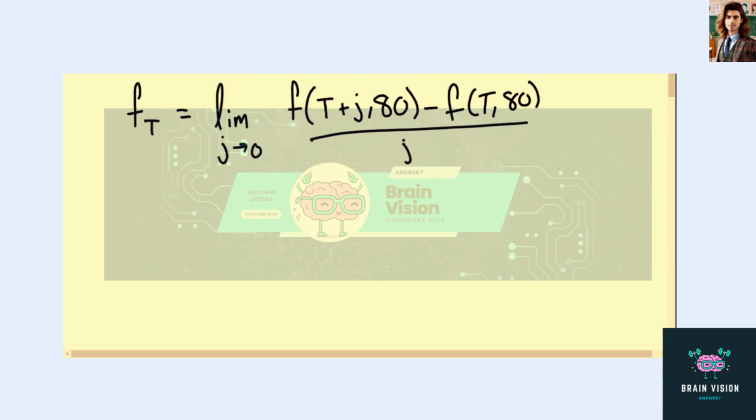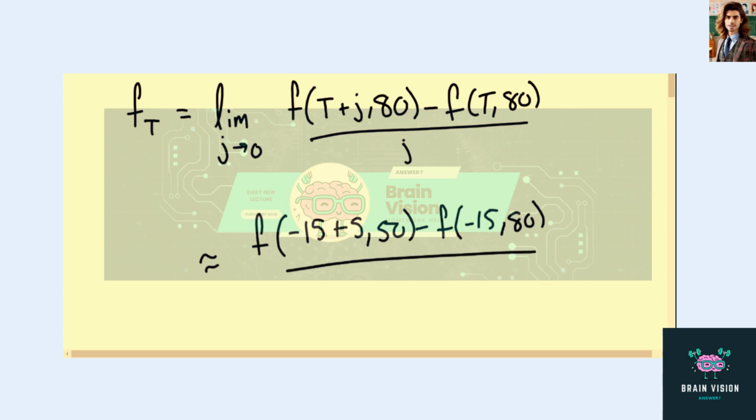We can pick some j's and then take the average. So it's going to be approximately equal to f of negative 15 plus 5 and 50 minus f of negative 15 and 50 over 5.